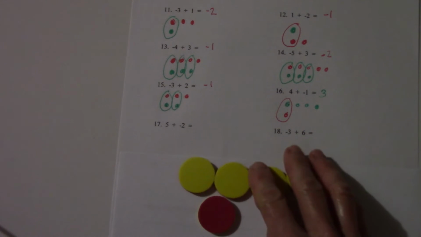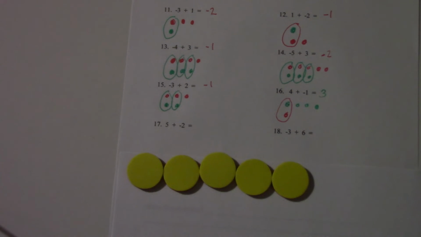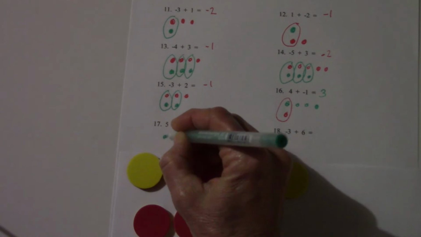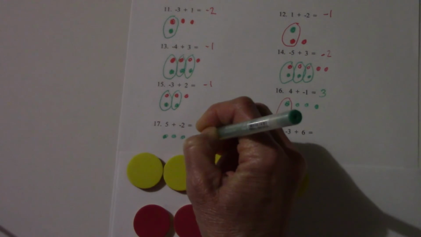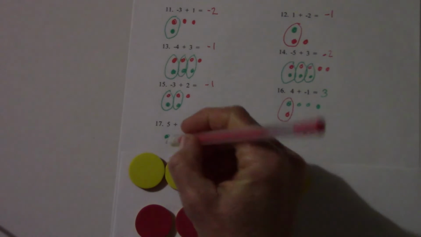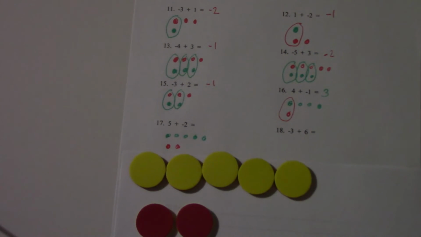So we have +5 and -2. So I'm going to draw +5 and below that I'm going to put my -2, and let's see what happens to my 0 pairs.